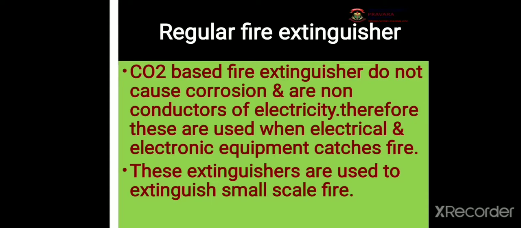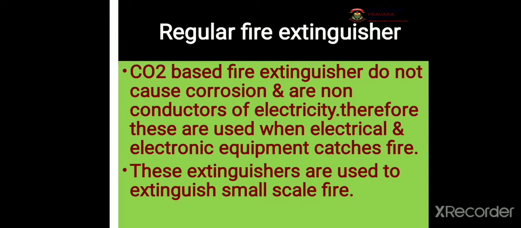Now, where can we use the regular fire extinguisher? As CO2 based fire extinguishers do not cause corrosion and are non-conductors of electricity, these are used when electrical and electronic equipment catches fire.